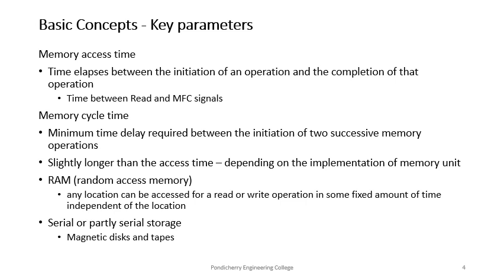On the other hand, we have serial or partly serial storage devices like magnetic disks, where the access time depends on where the current position is and where the data to be accessed is. These are called serial or partly serial storage devices.